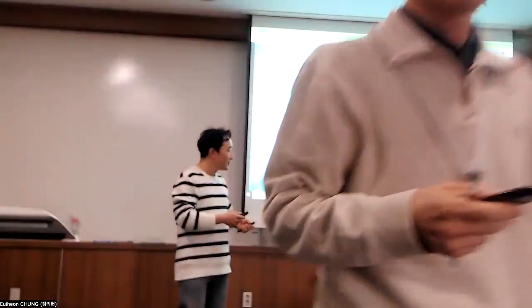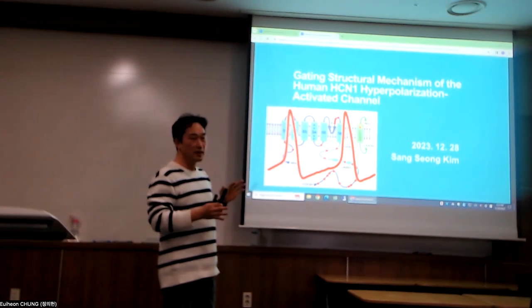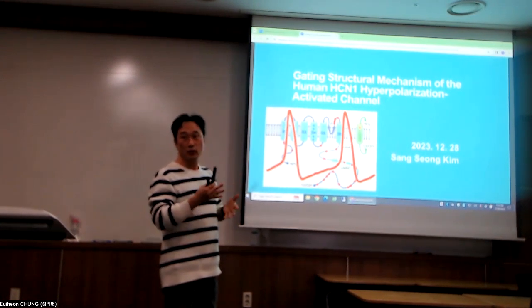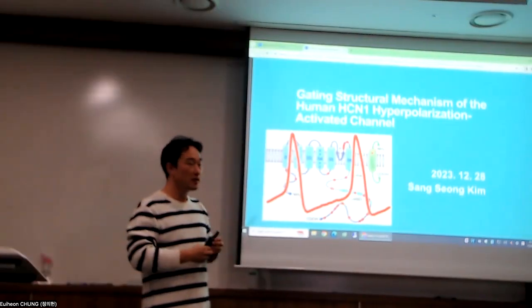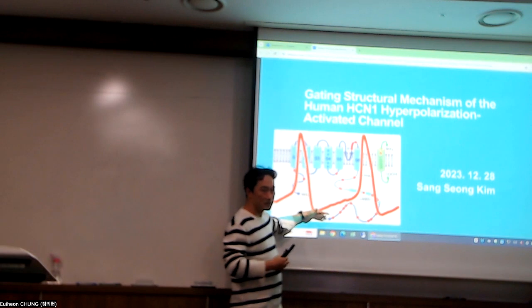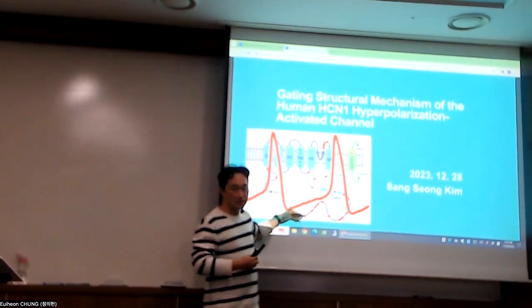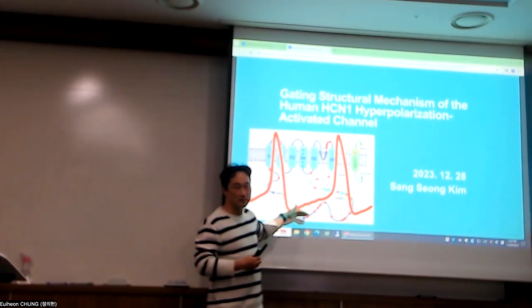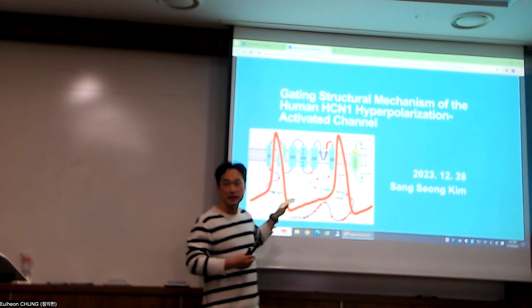Normally, I mean, most ion channels are activated by depolarization. In other words, higher voltage. Right? This specific channel, called the HCN channel, is activated by hyperpolarization. That's the question like that in the last lecture.